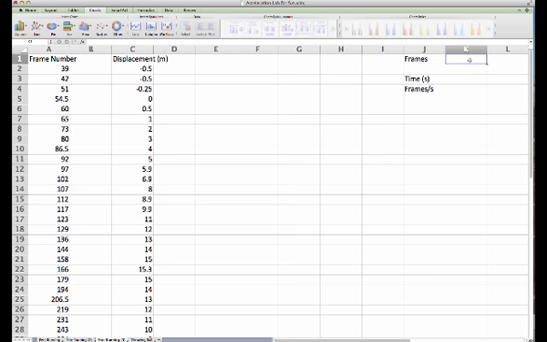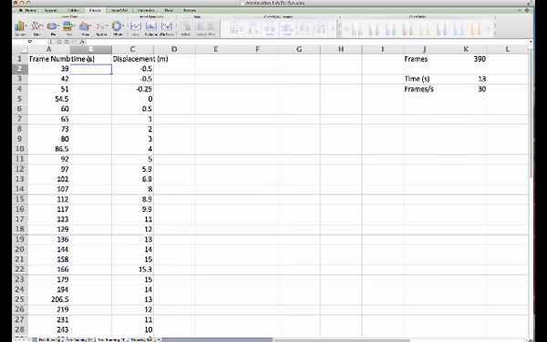So there are 390 frames, and that corresponded to 13 seconds. So how many frames per second? I just need to divide, so I put an equal sign, so Excel knows to do a calculation: this cell, K1, divided by this cell. And there are 30 frames per second.